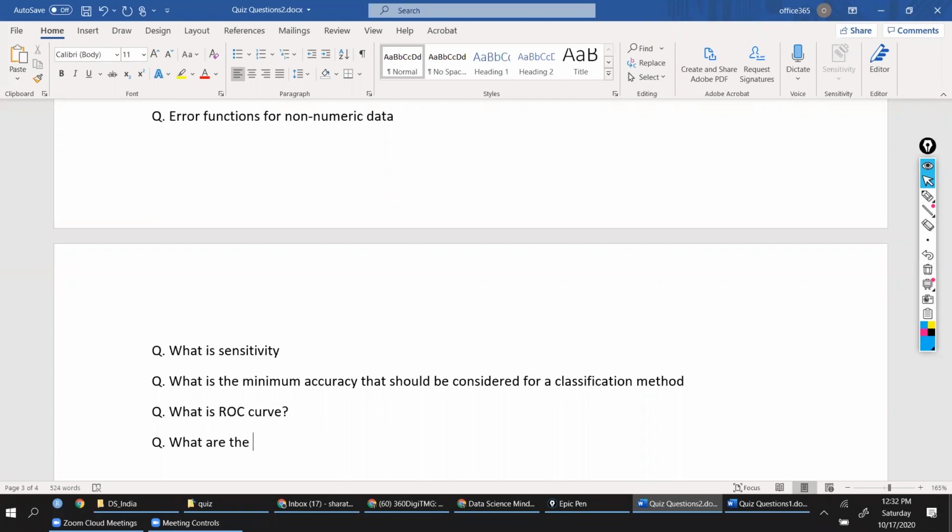Okay. What are the steps taken to handle imbalanced data? What do we do when your data is imbalanced?